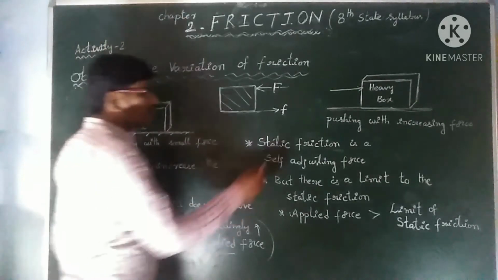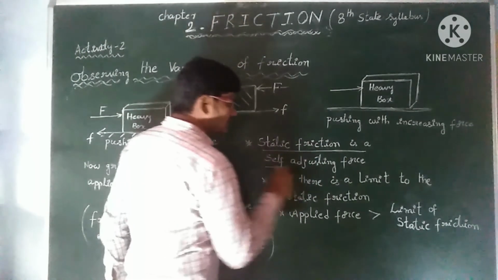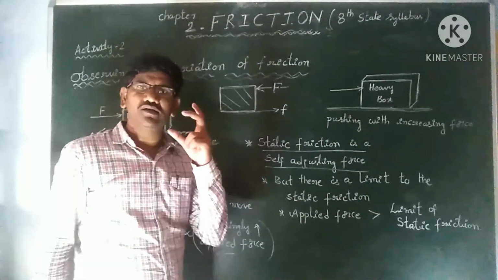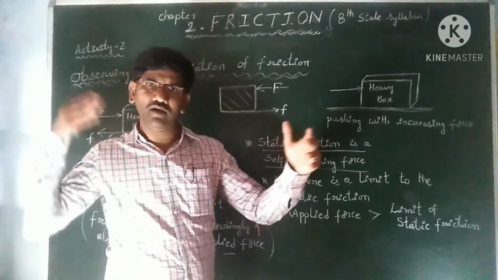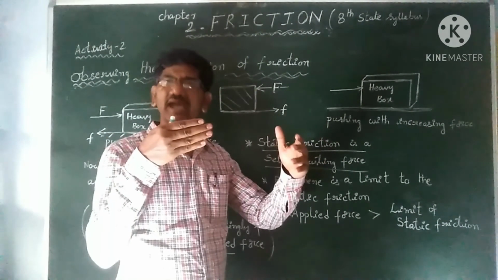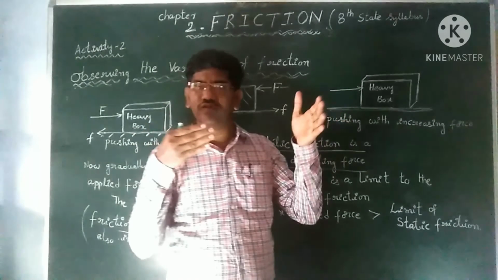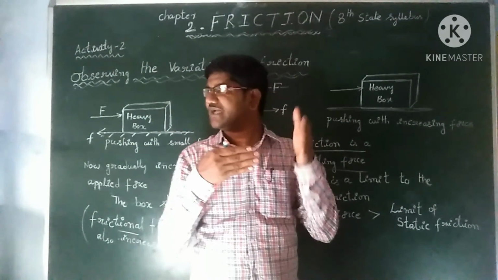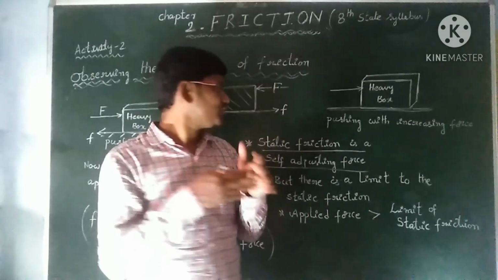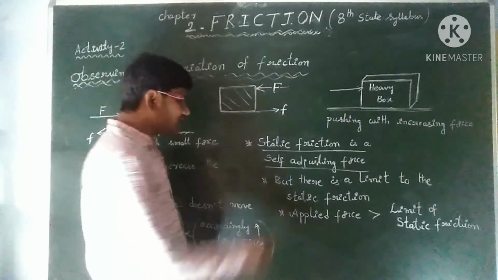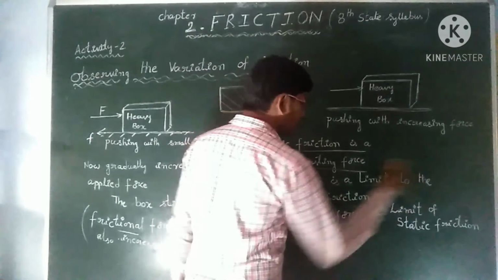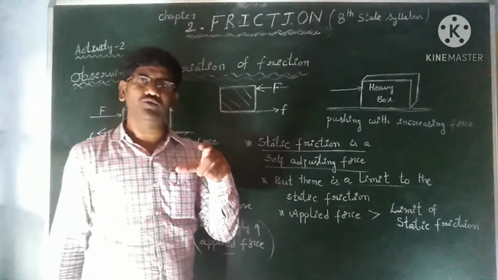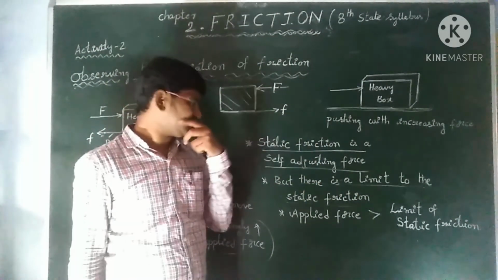That's why we call static friction the self-adjusting force. Whenever an applied force is there, the static frictional force is adjusted in the opposite direction. But there is a limit to this static friction. It can increase up to a particular value, and beyond that it cannot increase.